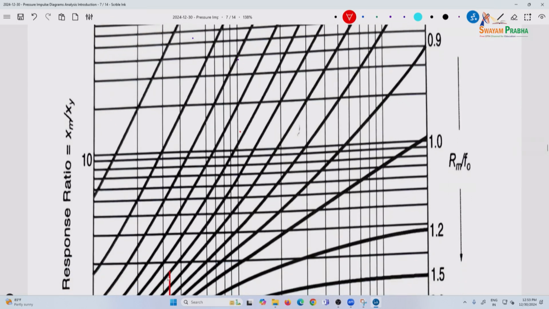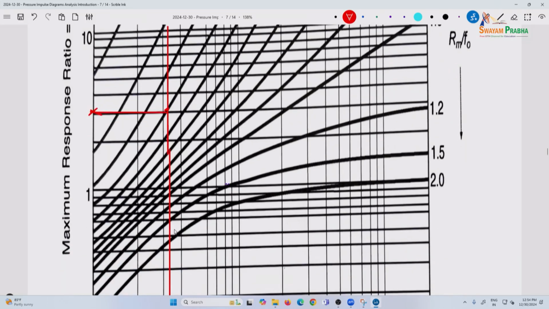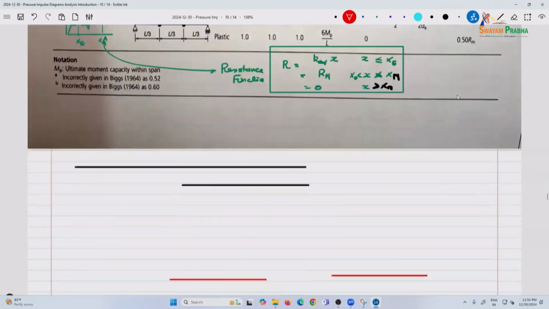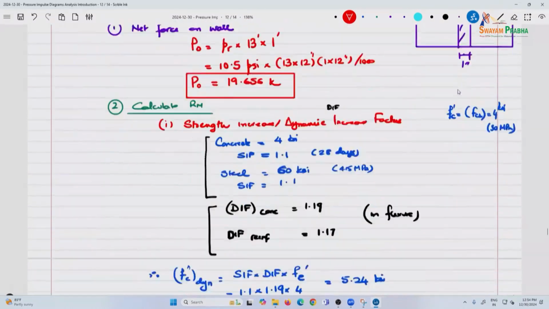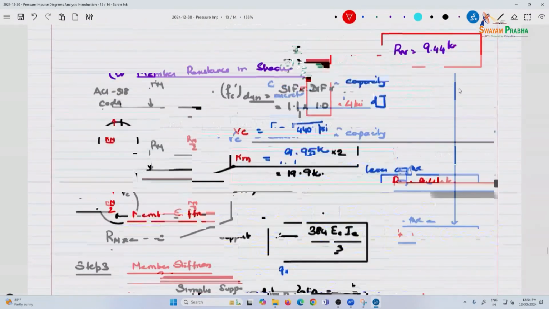So this curve here, here we are getting the value is 133. So you can do a little more. I think I'm not very accurate. You can do that.